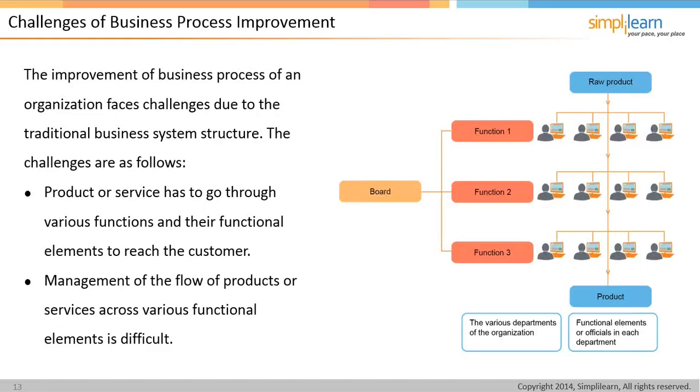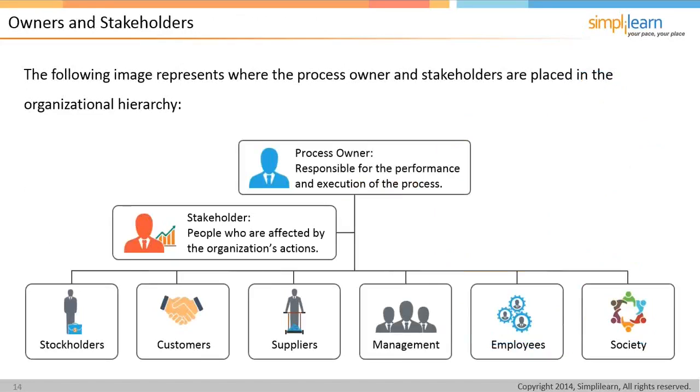So here you can see an example of that where you've got the board, you've got several functions, you've got the raw product going through a variety of steps before it becomes the product, and so on. So it can be a little bit complex, with a lot of different pieces to this. A lot of opportunities, defect opportunities, I suppose, would be one way to put it. The more complex that is, the more challenging it can be to work in. It's another way to look at it.